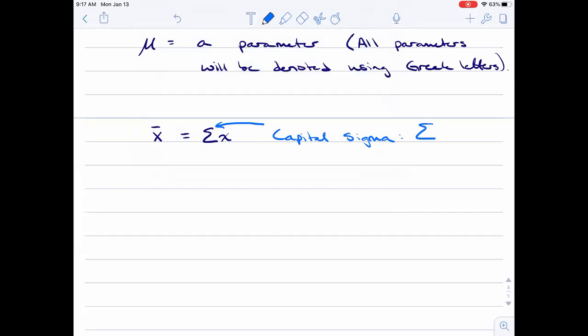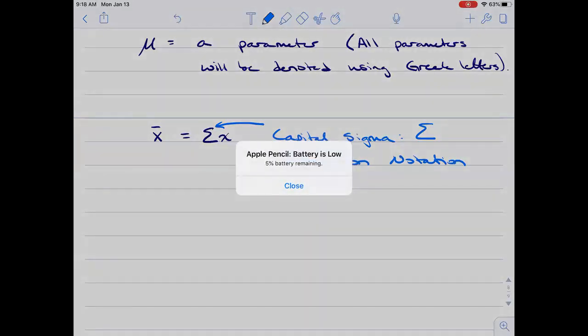This is summation notation, fun to say, fun to do. Summation notation just says sum up all the things that follow this capital sigma. In our case, all the x's, where the x's are all our observations. Sum up all your observations.